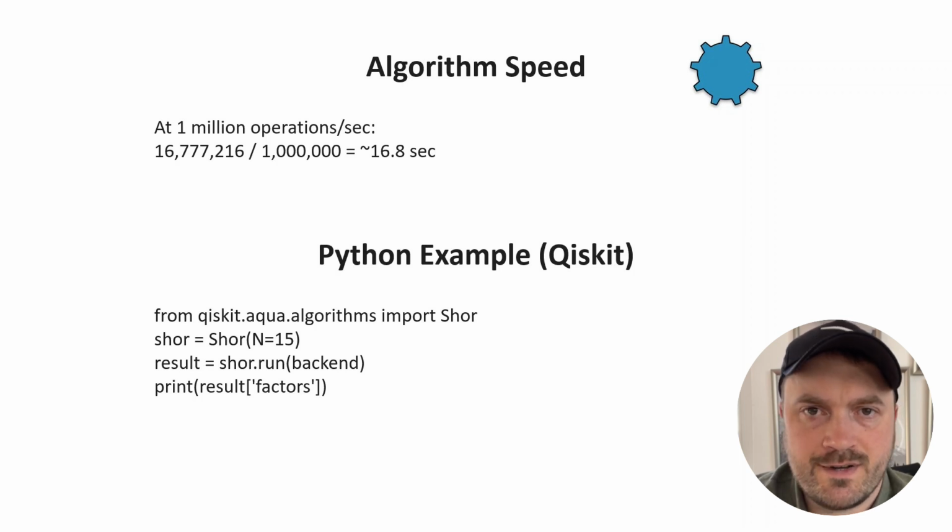So theoretically, a quantum computer could hack Bitcoin in less than a minute, but only if it has at least 512 logical or 50,000 physical qubits.